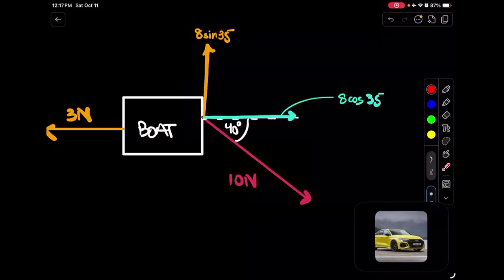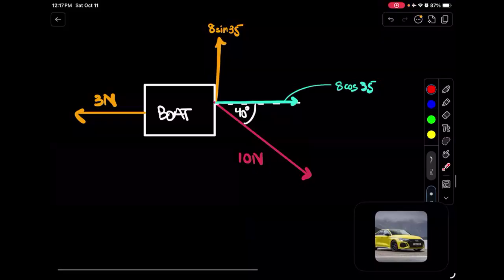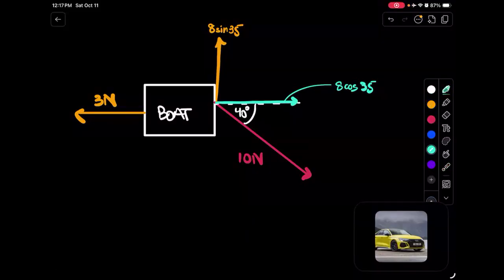Okay. Now the 10 Newton force also has a vertical component and a horizontal component. The horizontal component is going to be this, in this direction. Again, because it's with the angle, this is going to be 10 cos 40, right?